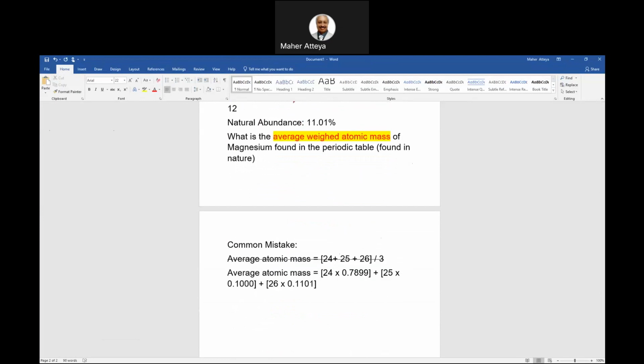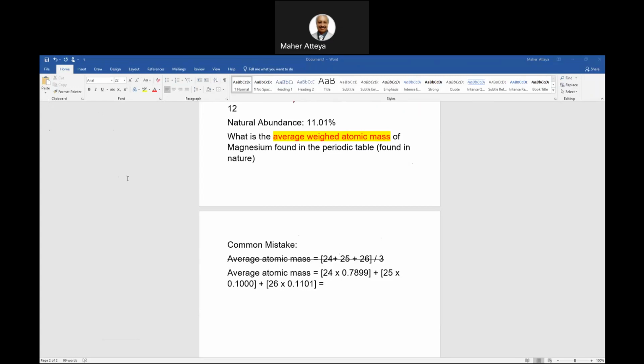So now if you do all this together, you'll end up with the value that's really found in the literature. The atomic mass of magnesium found in the periodic table is given to you.